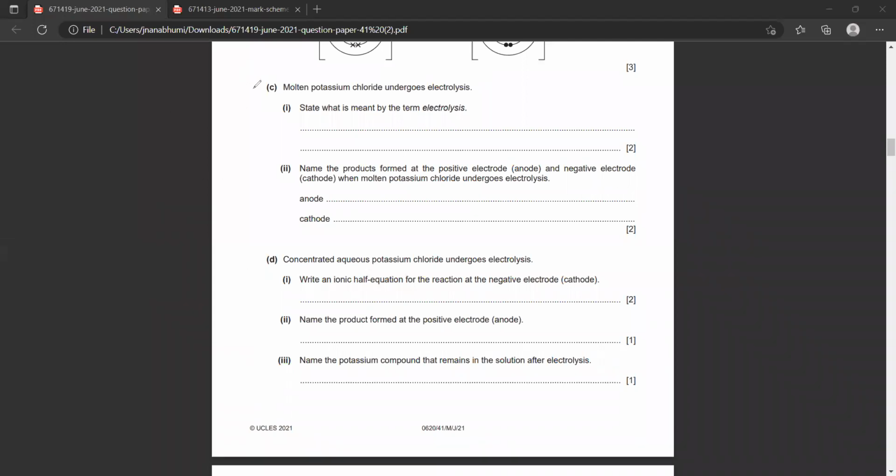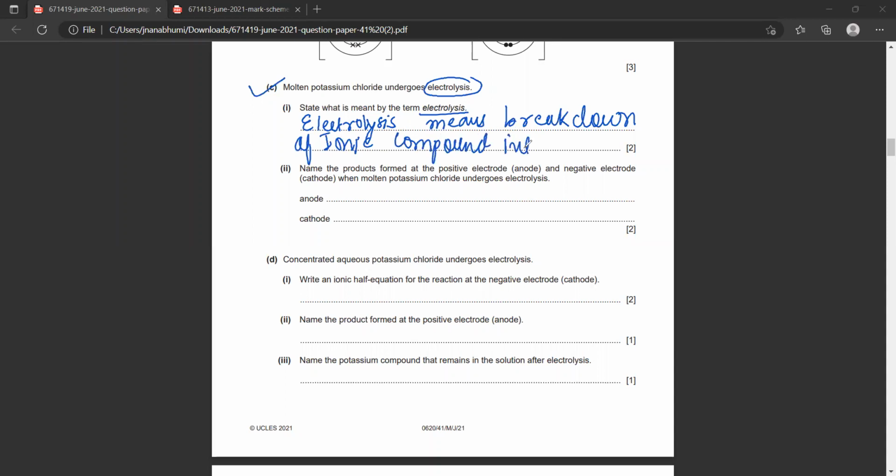Next question is second, third, C. Molten potassium chloride undergoes electrolysis, right? So state what is meant by the term electrolysis. So what do you mean by electrolysis? Electrolysis means breakdown of an ionic compound into an aqueous solution, right?